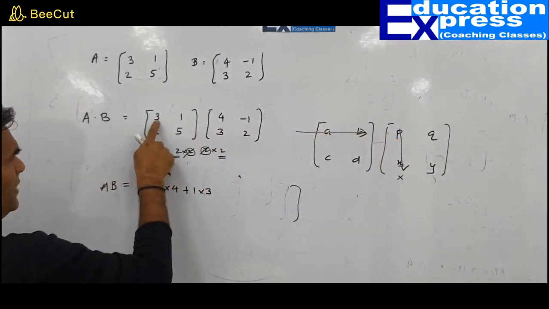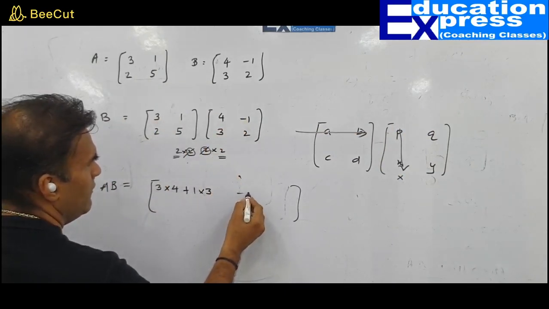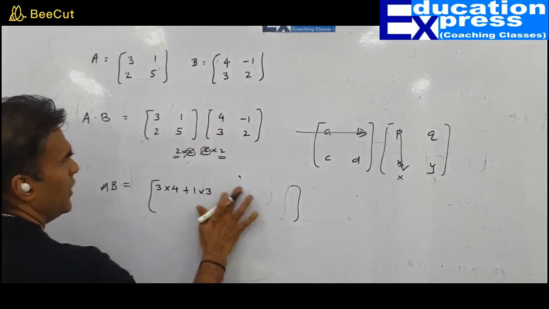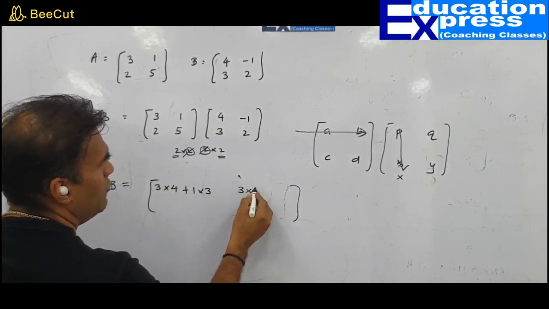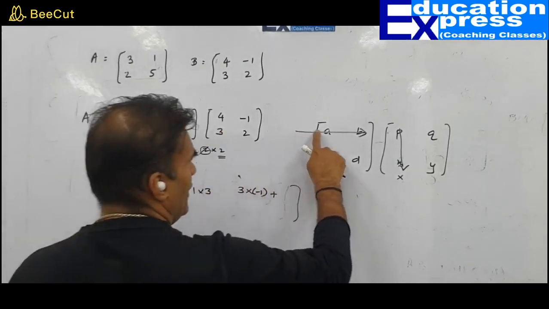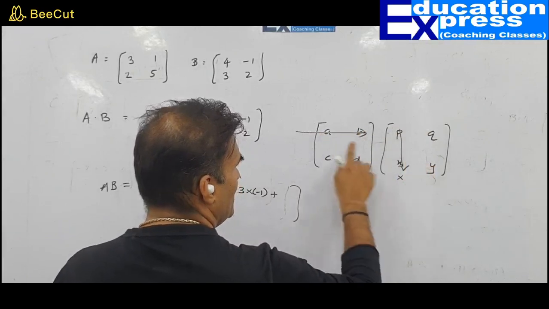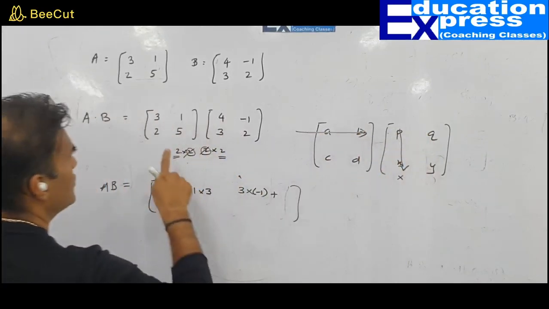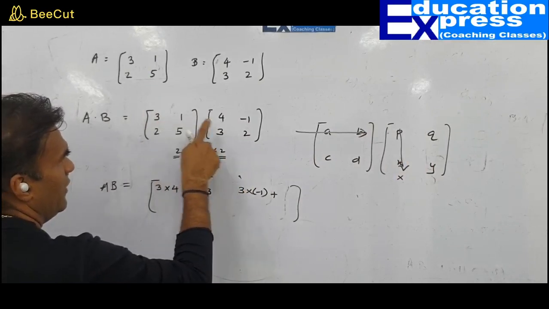So 3 into minus 1, that is minus 3. So you can write it down: 3 into minus 1, plus, this into this is already done, now this into this. So A will go to Q: 3 will go to minus 1. There is one more term left: 1 will go to 2.